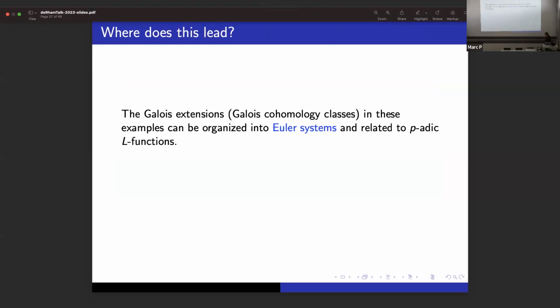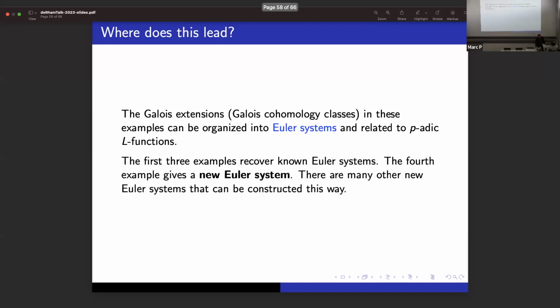The point is that whatever extensions we can construct in the Galois category can be organized into something we call Euler systems, which was one of the focuses of the semester at the Bernoulli Center that Philippe alluded to in his introduction. And in fact, that's where I began thinking about these kinds of problems.